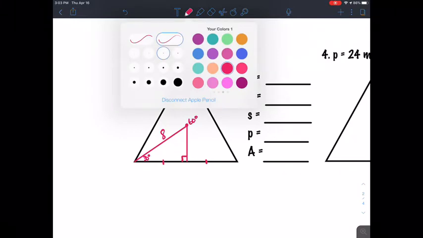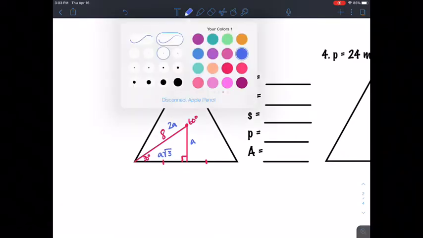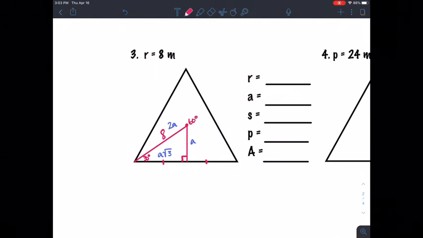Remember that we have our setup of a, 2a, and a square root 3. So looking back at that, my apothem is going to have a value of 4, and this piece of the side down here is going to be 4 square root 3, which means that if I double that, my side length is 8 square root 3.